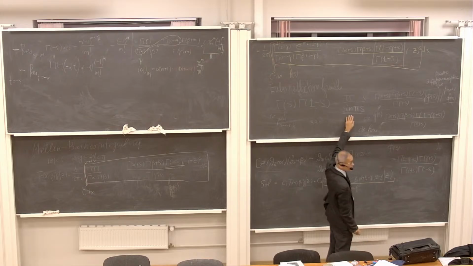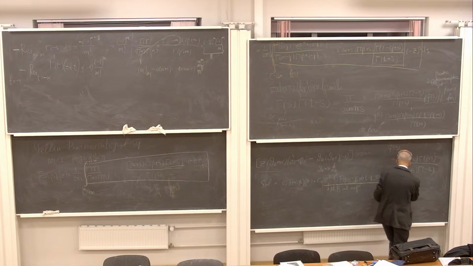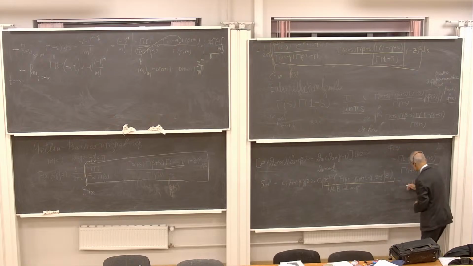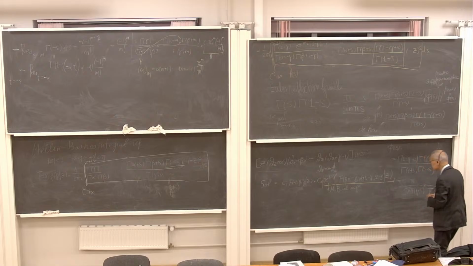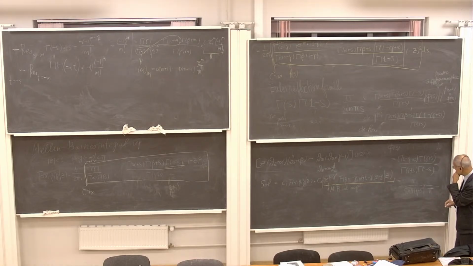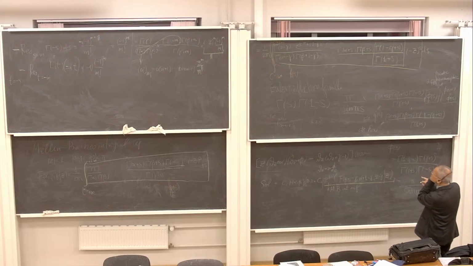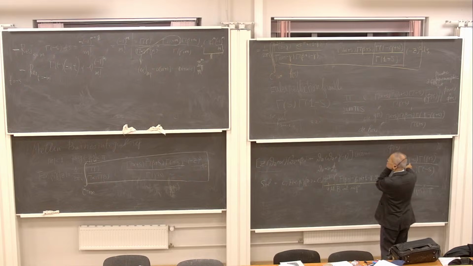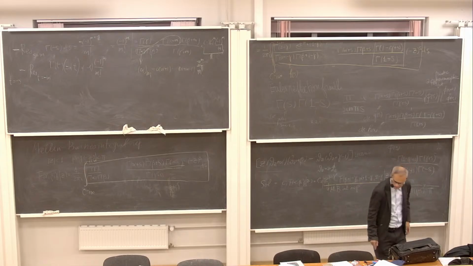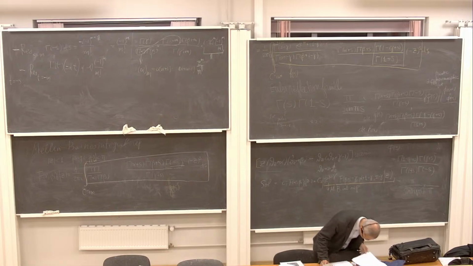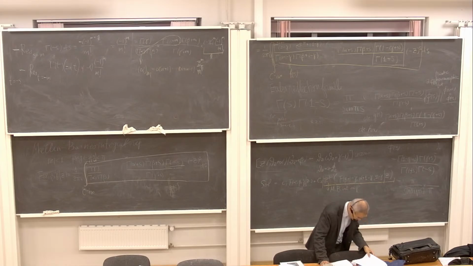In making use of this Euler reflection formula, you immediately see that this is equal to sine pi(gamma plus s) over pi, times pi over sine pi s.